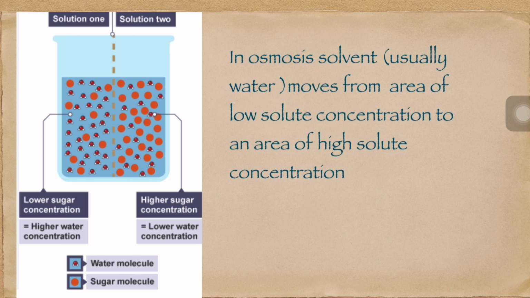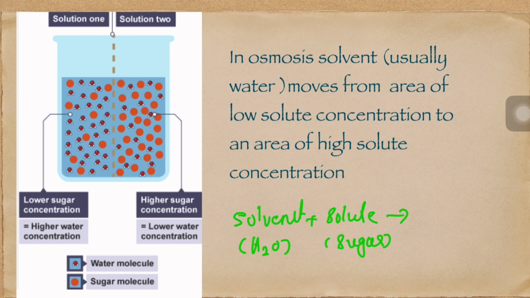This small red colored one is the water molecule, that is the solvent molecule, and the orange colored one is the sugar molecule, that is the solute molecule. Solvent, here it is water, plus solute, here it is sugar, forms a solution. Here it is a sugar solution.